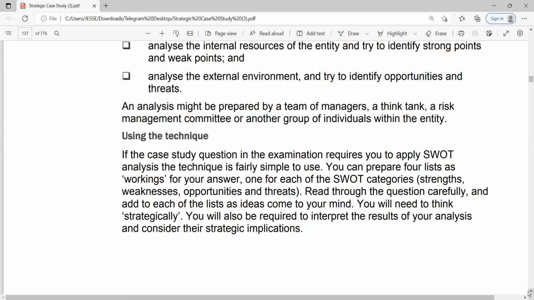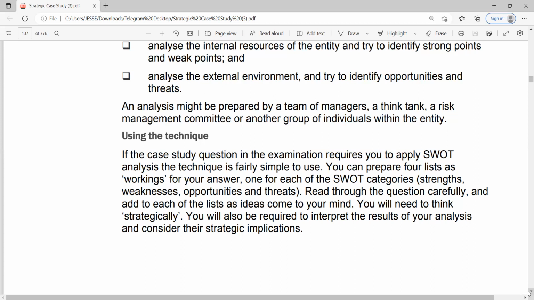If the case study question in the examination requires you to apply SWOT analysis, the technique is fairly simple to use. You can prepare four lists as workings for your answer, one for each of the SWOT categories: strengths, weaknesses, opportunities, and threats. You read through the question carefully and add to each of the lists as ideas come to your mind.